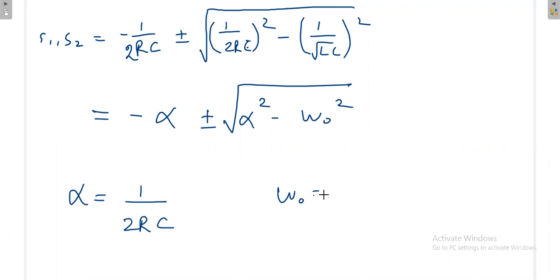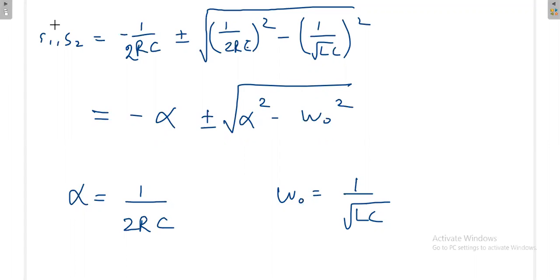And omega naught is equal to 1 by square root of LC. So whenever you have a parallel circuit, your alpha is 1 by 2RC. If it is a series circuit, R by 2L. The difference you should know. And omega naught is the same for parallel as well as series, because we have seen in the resonance circuit itself that either series or parallel resonance, omega naught is always the same.